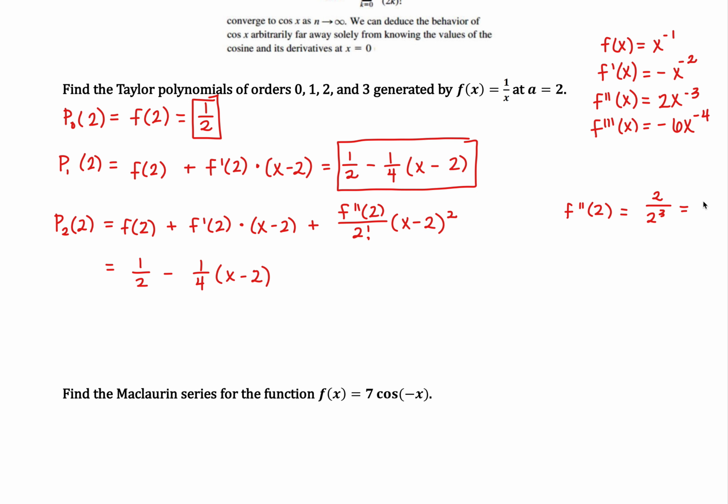So that's just going to equal 2 over 8, or 1/4. So my numerator is 1/4, and it's going to be over 2 factorial. Well, 2 factorial is just 2. So we have 1/4 divided by 2, so that's going to give us 1/8. And then x minus 2 squared.